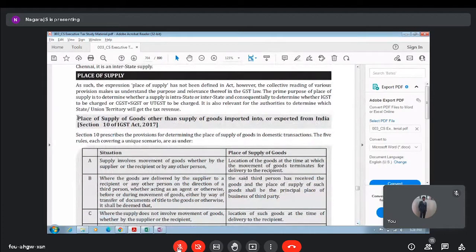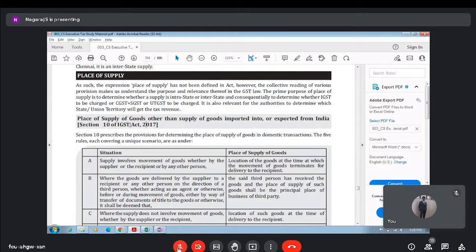See, place of supply of goods, other than supply of goods imported into or exported from India. That means imported goods and exported goods are not covered here. Why? Because import and export of goods are covered under customs. It is not under GST.